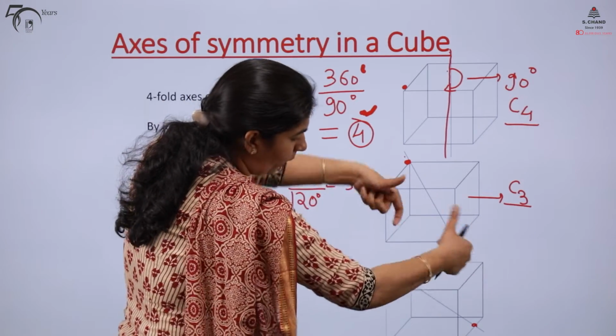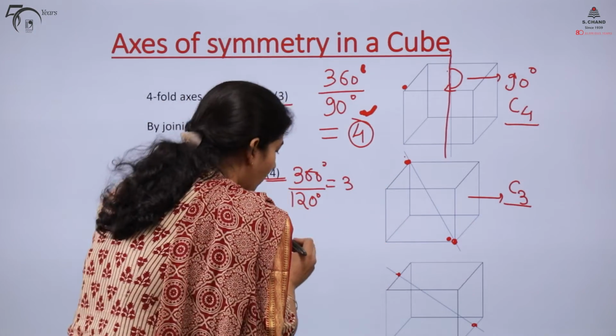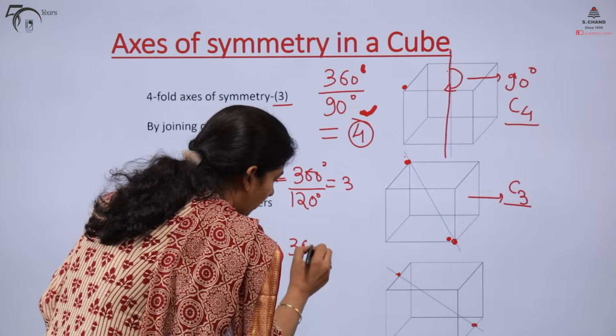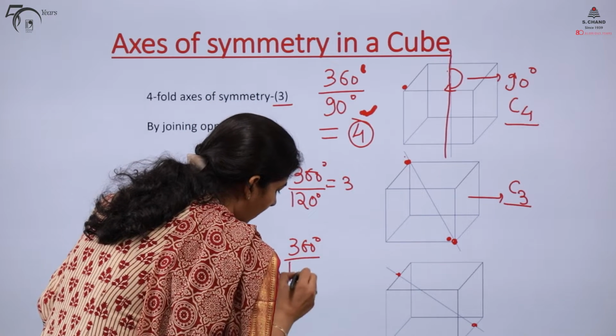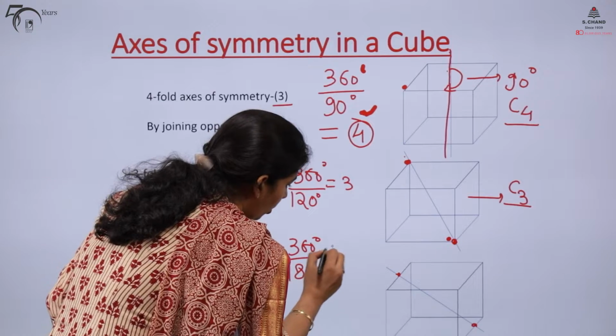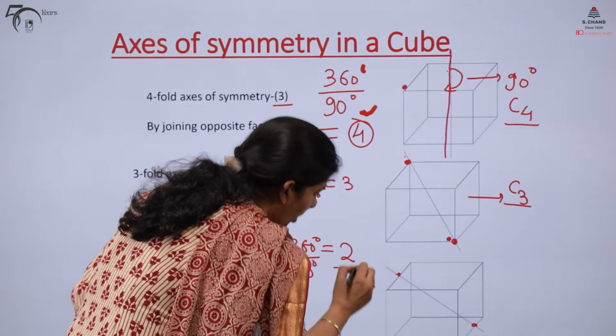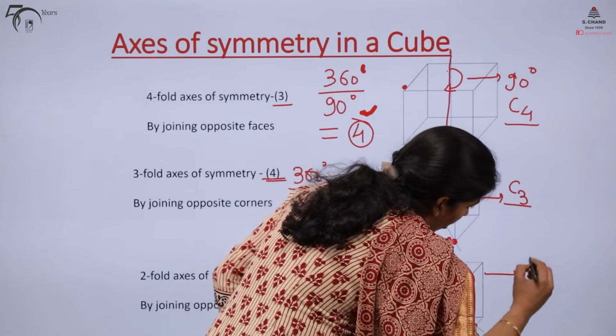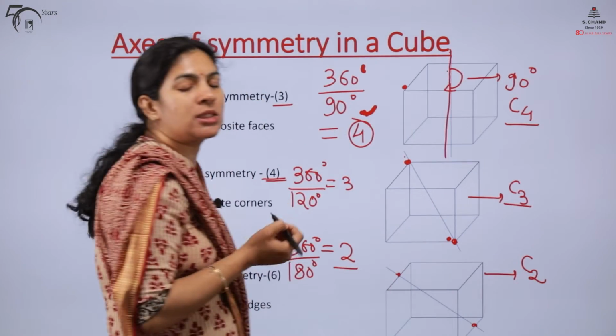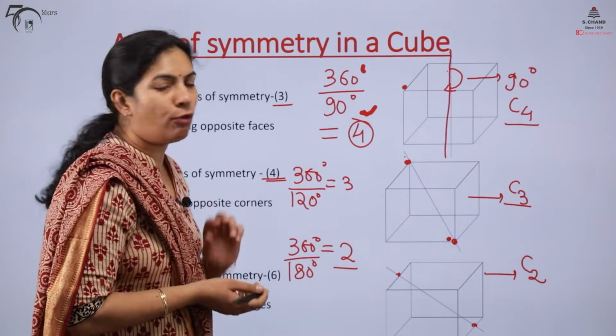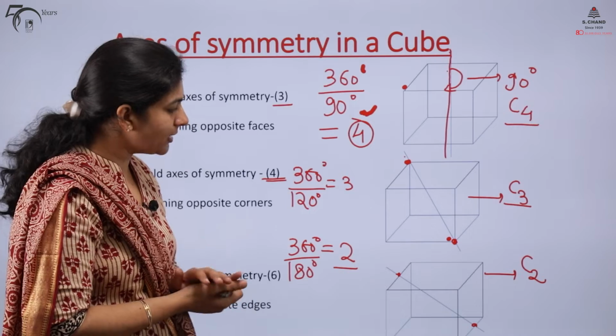If you rotate it by 180 degrees, you will observe the identical arrangement. So, 360 divided by 180 degrees, you will have 2. So, the order of this axis is C2. This is called a two-fold axis of symmetry.